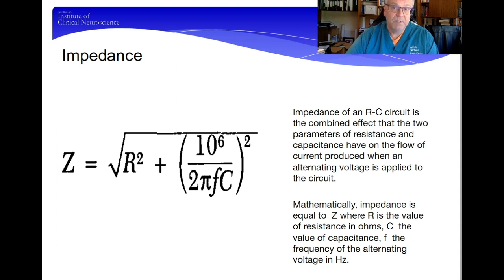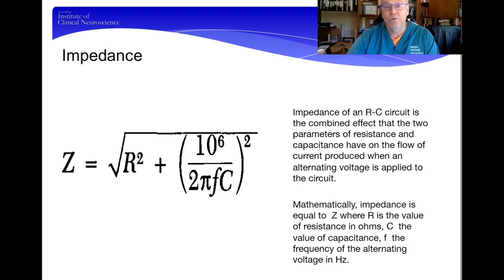So remember, the resistance is the ability of something to resist electron flow. And now capacitance is a new concept that we haven't really talked about too much, but capacitance is the ability of a substance to store electrons, or to build a capacity to provide a potential difference.